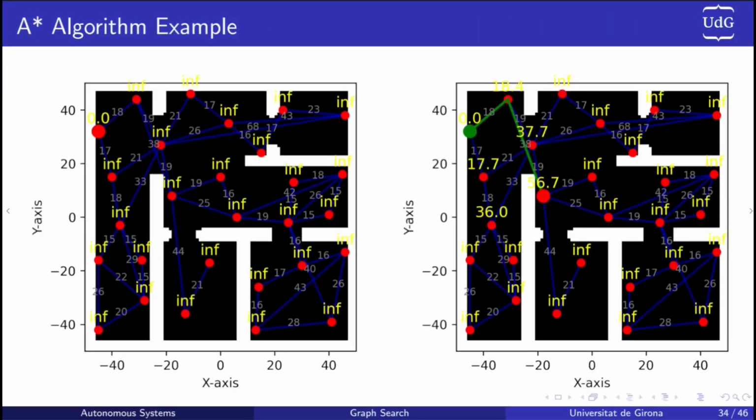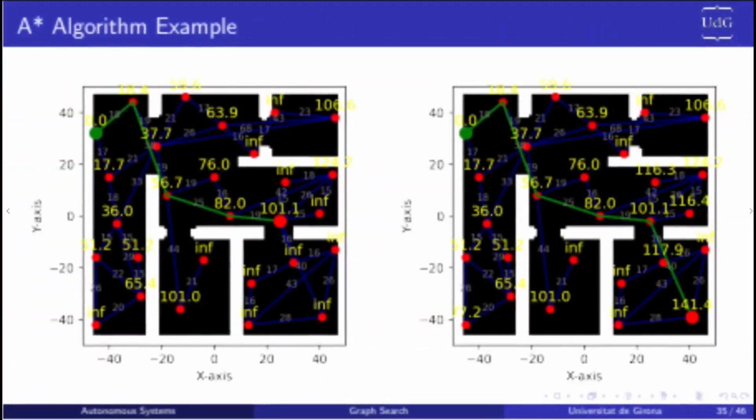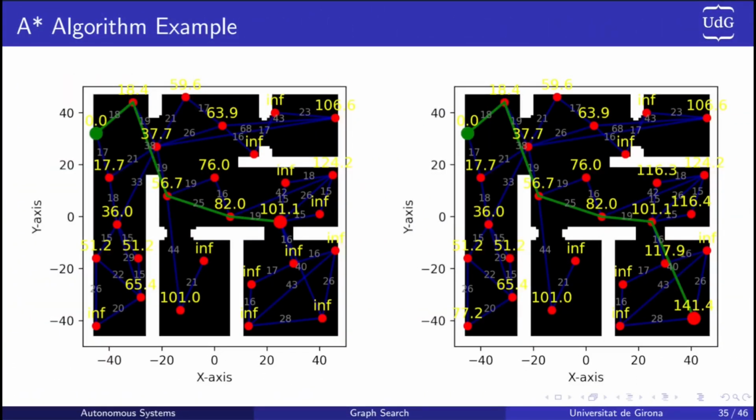Let's do a small example. Okay, here there are some drawings. Again, we initialize. Here we need not only the heuristics, but we also need the real cost, the W, from this node to this node, from this node to this node. And here is how the algorithm evolves until we reach the last node.